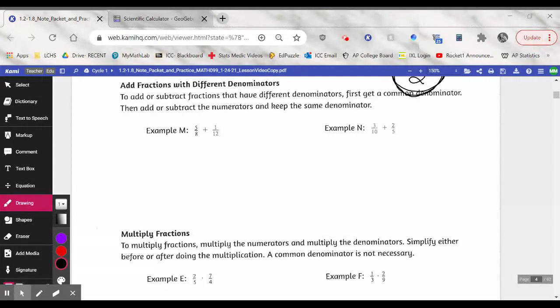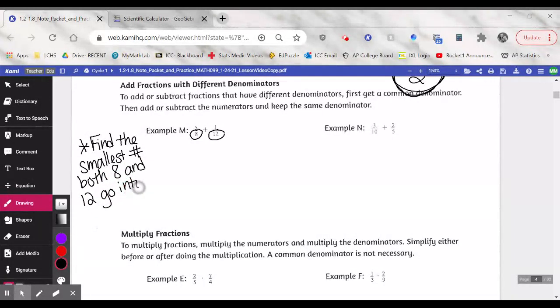All right, so we want to think of what can we change the bottom of the fractions to so that they match. So what we're looking for, our goal is to find the smallest number that both 8 and 12 go into.